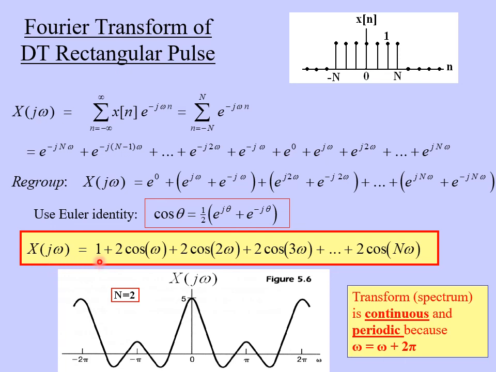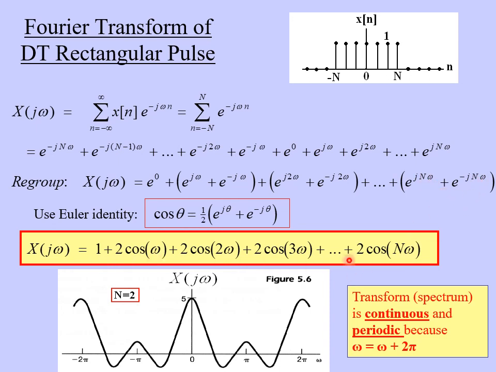X of j omega is equal to 1, that's the e to the 0, plus 2 times cosine of omega, plus 2 times cosine of 2 omega, plus 2 times cosine 3 omega, and we keep going until we get to 2 times cosine of N omega, which is represented by this last grouping here.